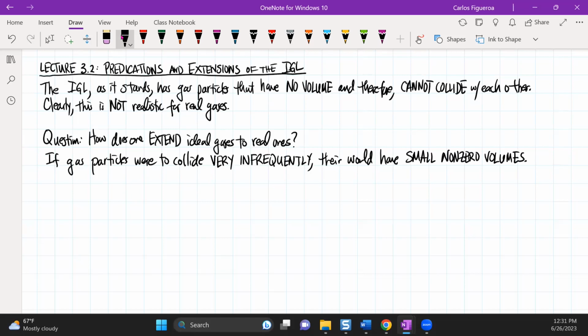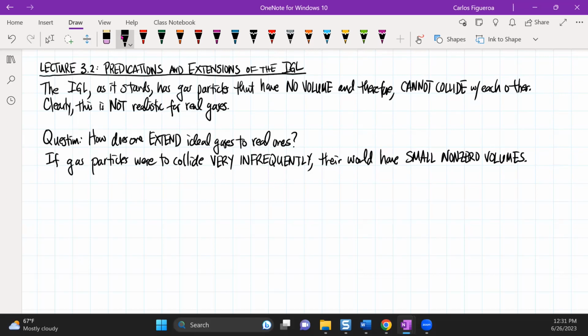Now, it turns out that the ideal gas can handle that to a high degree if you cherry pick the gases. Okay, so you got to be really careful. Let me say that one more time. If you cherry pick the gases, then the ideal gas law will hold to a high degree.